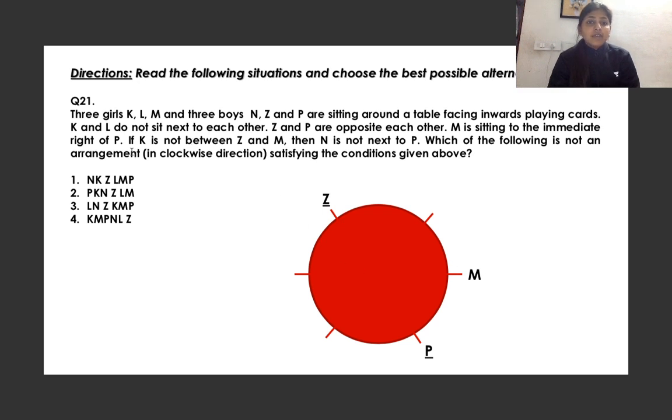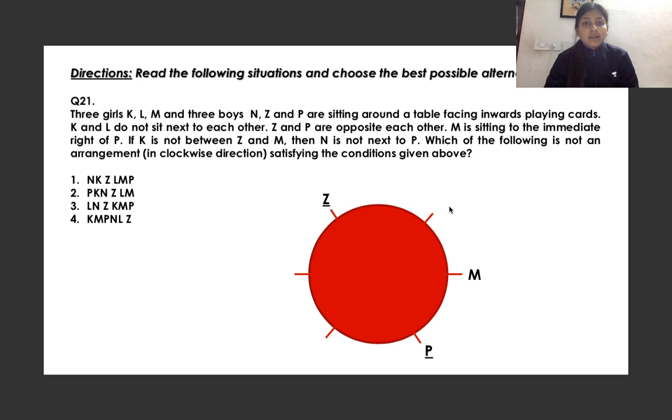Next we have: if K is not between Z and M, then N is not next to P. Now there is an if here, which means you can get more than one case, more than one solution. So what do we have? We also know that K and L are not next to each other, which means K and L can't take these 2 places. One of them, either K or L, needs to take this place.